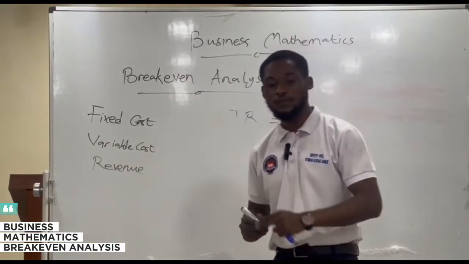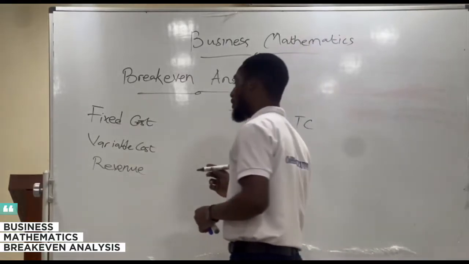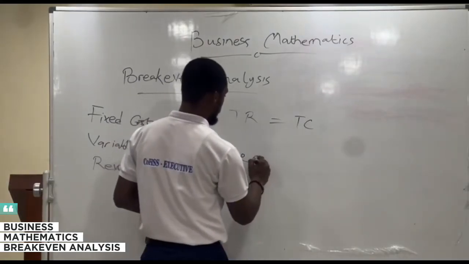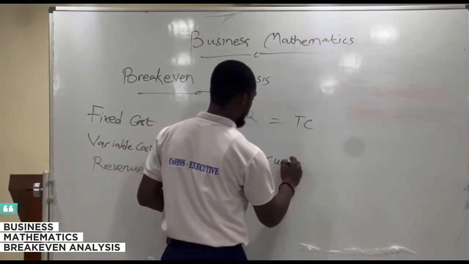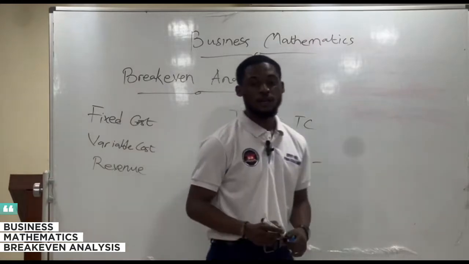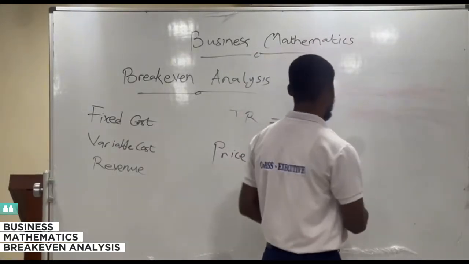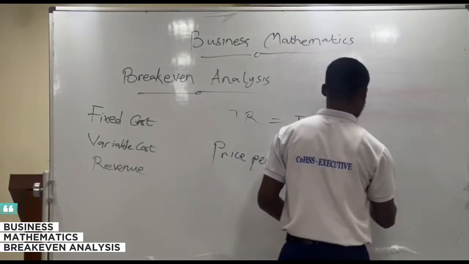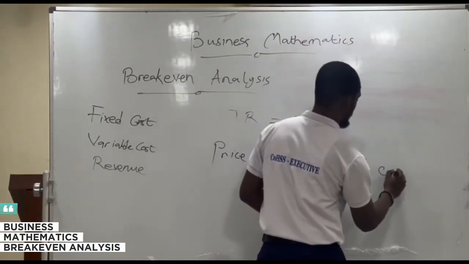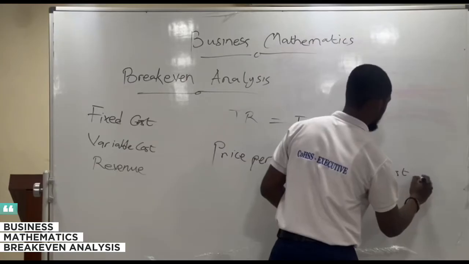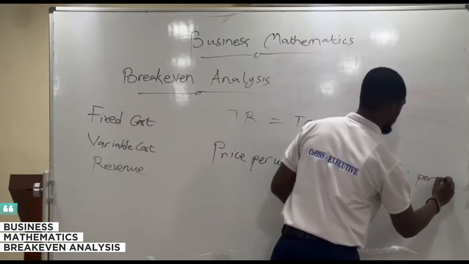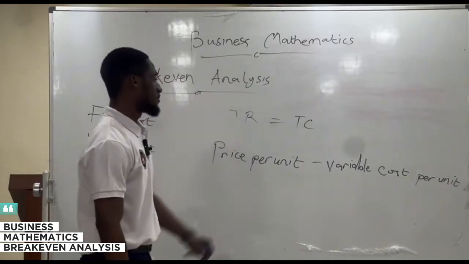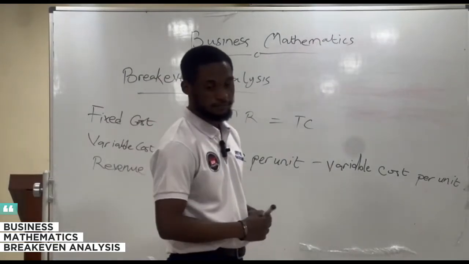So contribution per unit is price per unit minus variable cost per unit.